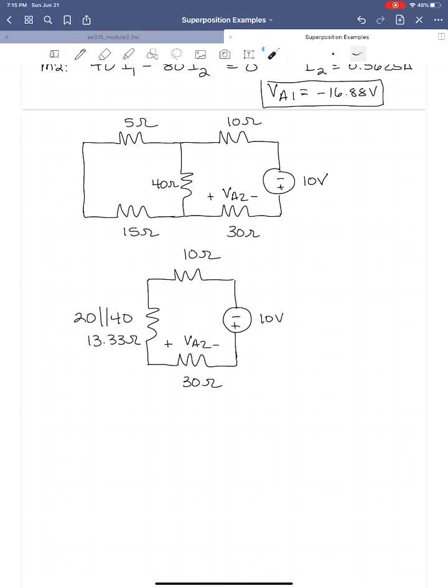Okay, so now by voltage division, I can say that VA2 is equal to 10 multiplied by the resistor I want to know about, which is 30, divided by the series combination here, which is going to be 53.33. All right, but, and I'm going to erase this for a second and give myself a little more room. But the passive sign convention isn't holding.